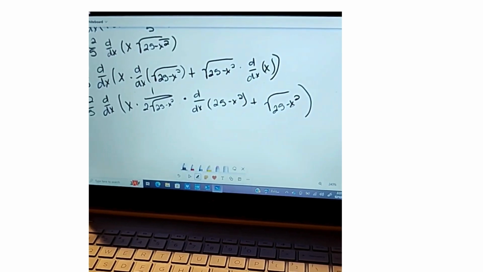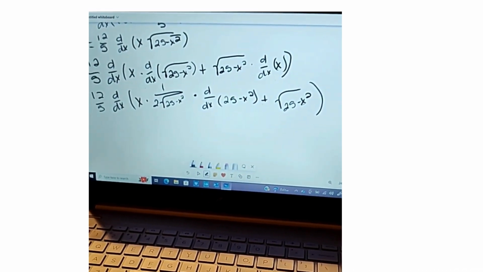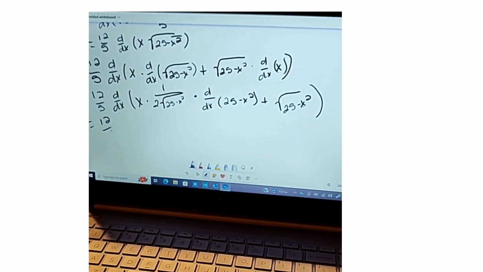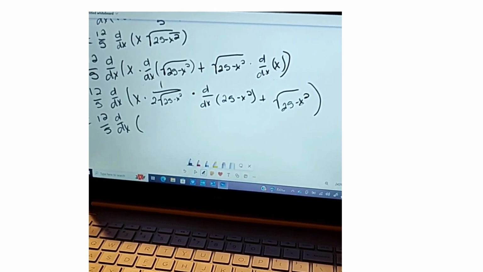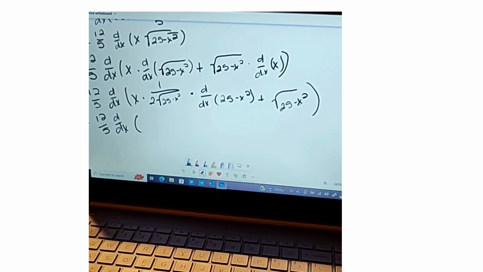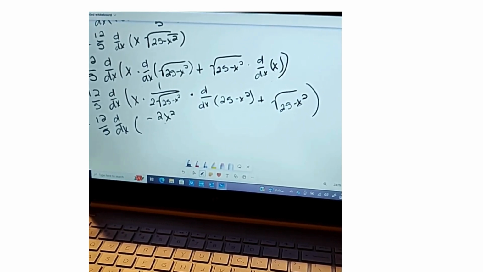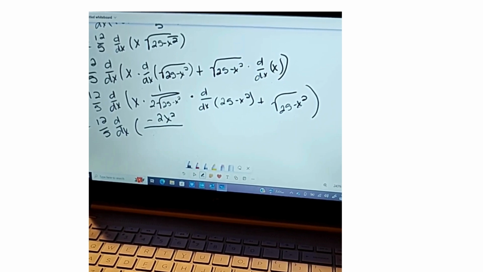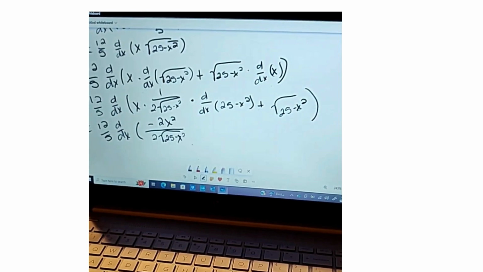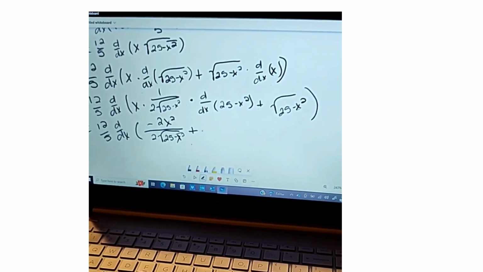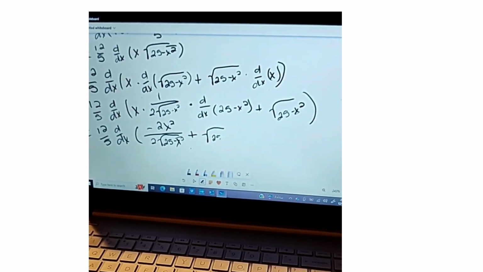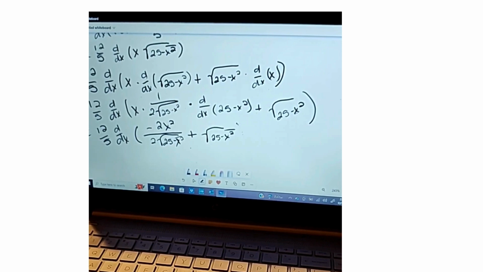Now we're going to put everything together. 12 over 5, d over dx, and we're going to combine everything that we can combine. So we have negative 2x squared over 2 square root of 25 minus x squared, plus square root of 25 minus x squared.